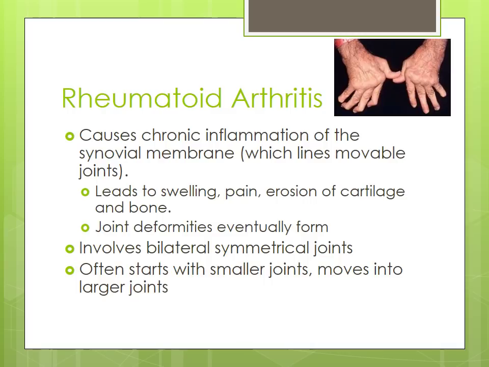It is more common in women, and it typically starts between the ages of 35 and 45. A lot of times we see it bilaterally and symmetrically. So, for example, both wrists, both shoulders. And often it'll start with smaller joints, like the joints in the fingers, and then start to move into larger joints.